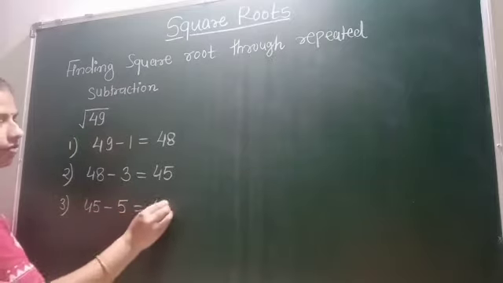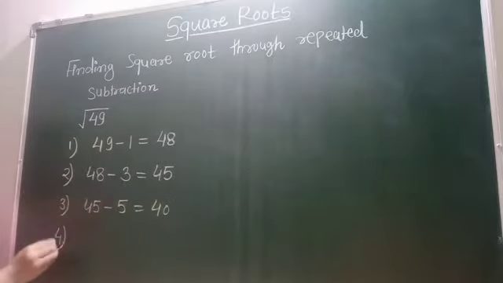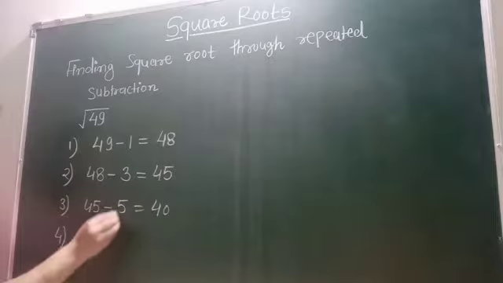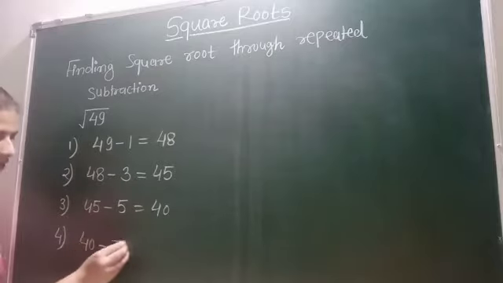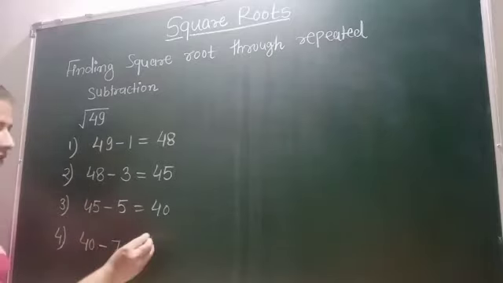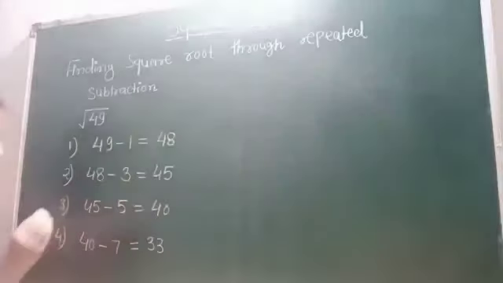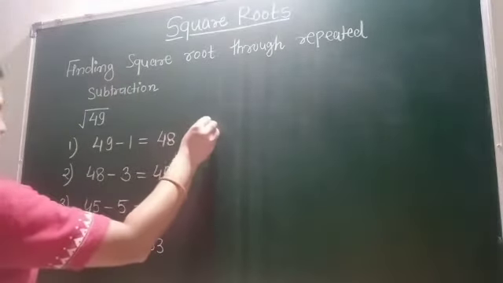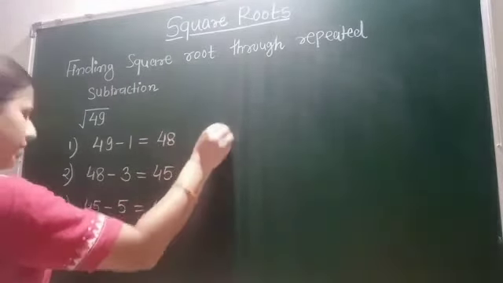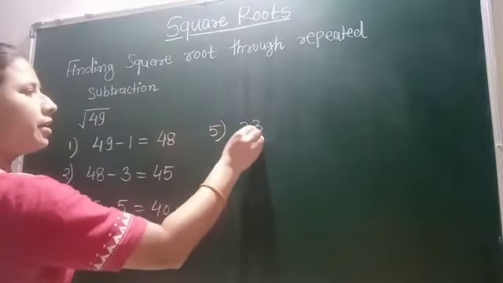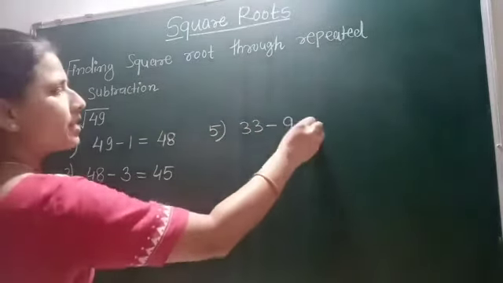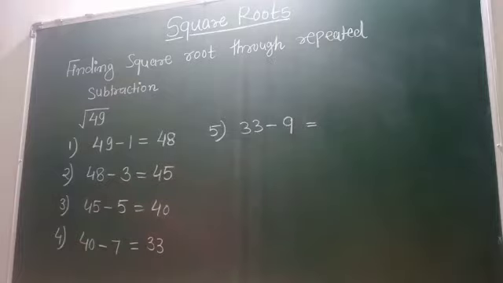What will we get? 40. Fourth step, 40 minus 7, we will get 33. Next, fifth step will be 33 minus 9.